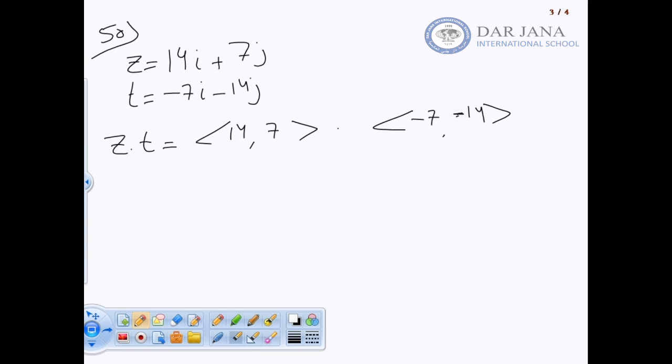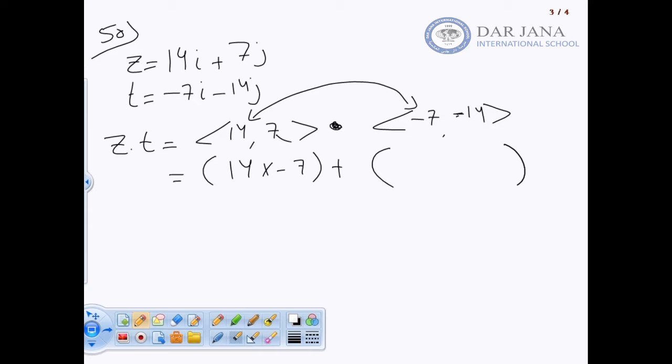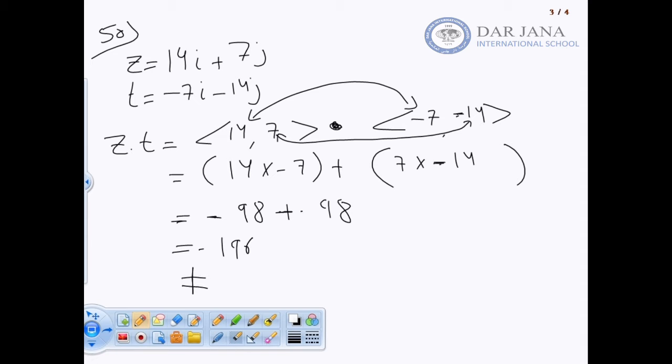This is vector Z times T. 14 times negative 7 plus 7 times negative 14. Negative 98 plus negative 98 is equal to negative 196, which is not equal to 0. That means not orthogonal.